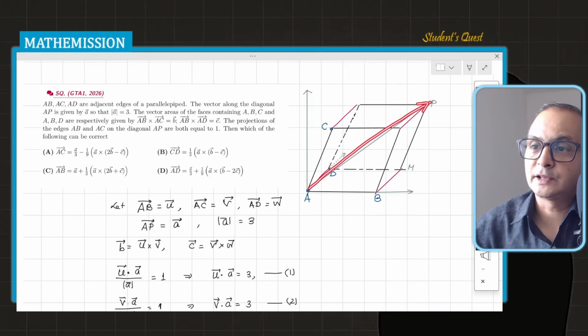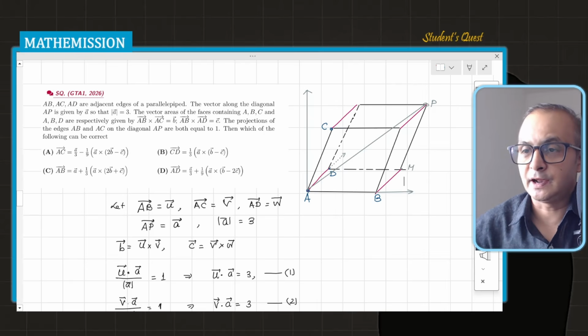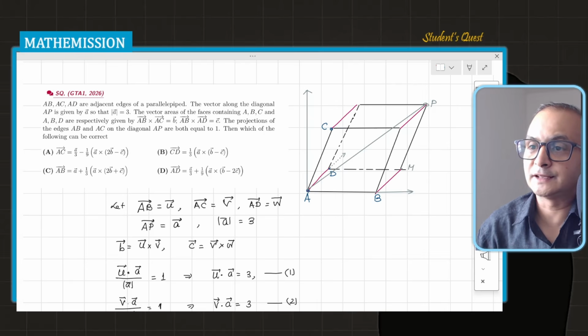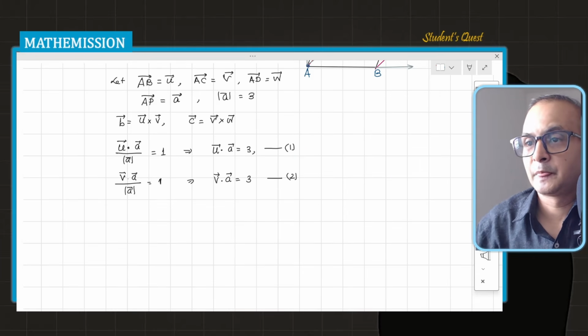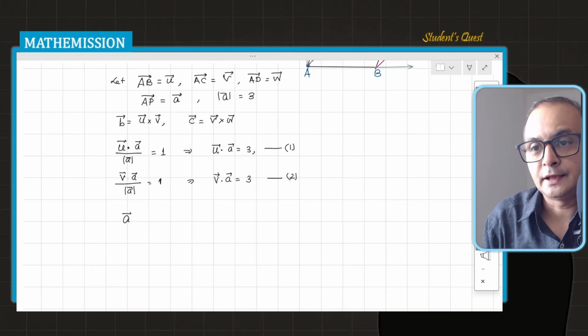It means I can write the AP vector as the resultant of the AB vector, AC vector, and AD vector. So the A vector is nothing but the U vector plus V vector plus W vector.